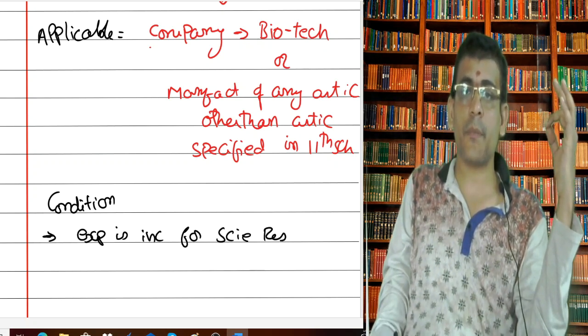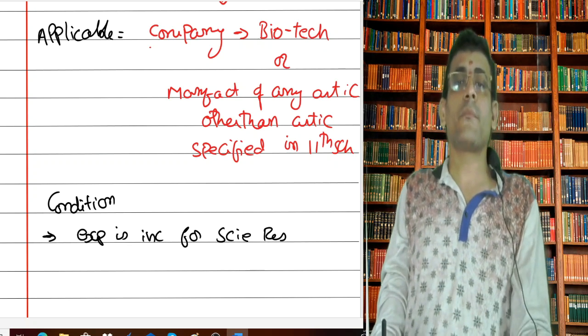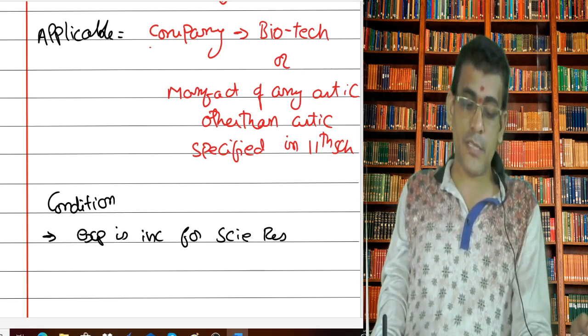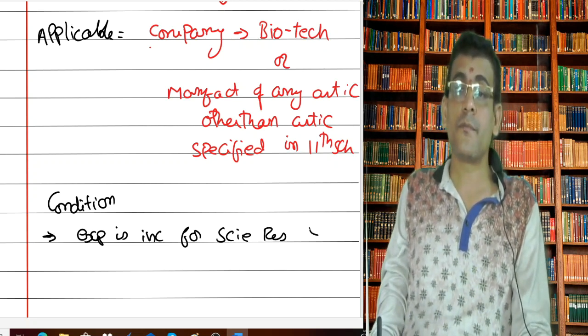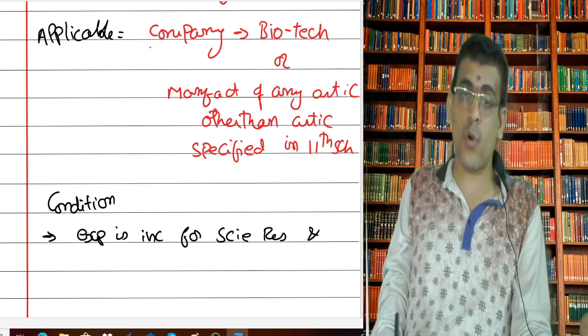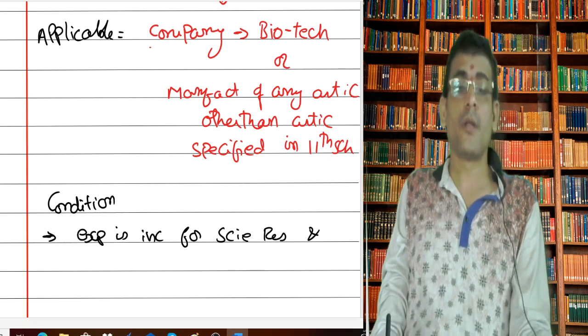So any company which is a biotechnology company or engaged in manufacture of any article or thing other than those specified in schedule 11, it should be doing some sort of scientific research, and such research should be approved by a prescribed authority. So whatever scientific research you do, that should be approved.